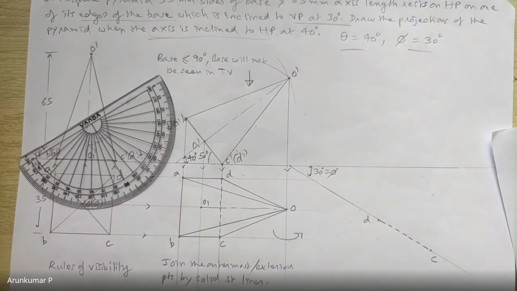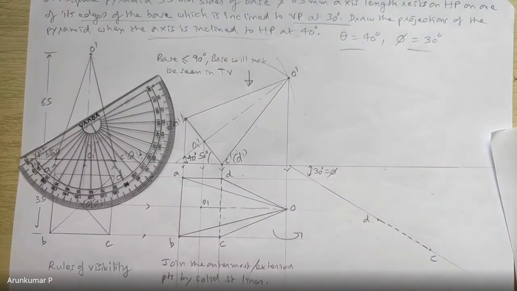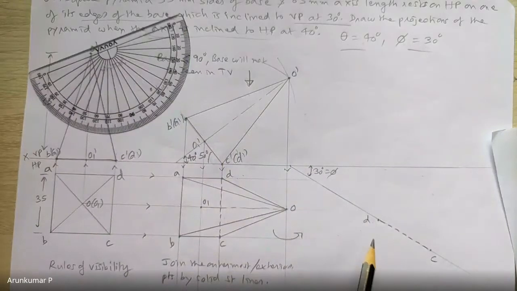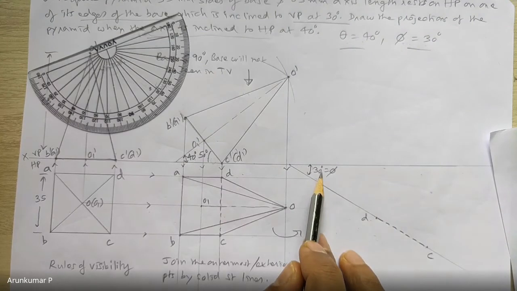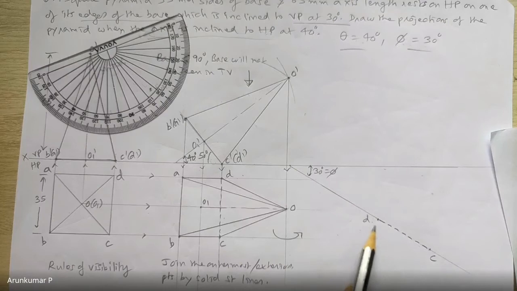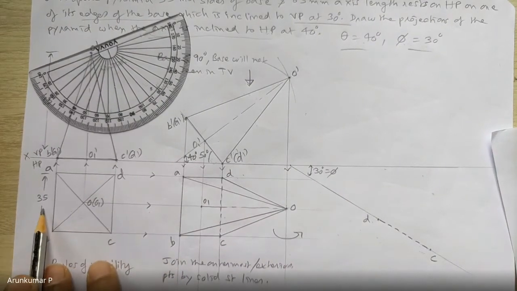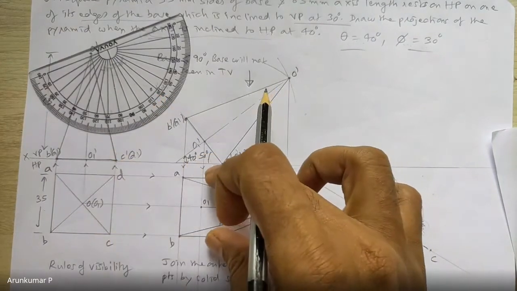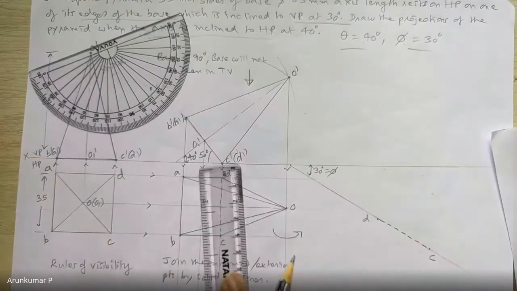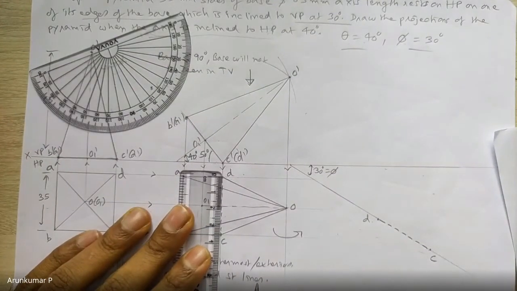Now here also that locus issue is there. Don't forget locus. Now you tell me, is this a locus problem or not? 30 degrees is a true inclination. On a true inclination, you should have the true length. What is the true length of CD? It is 35 mm. In the second step, top view, has this 35 mm remained 35 mm or has it reduced? Check out. It is still 35. Why?